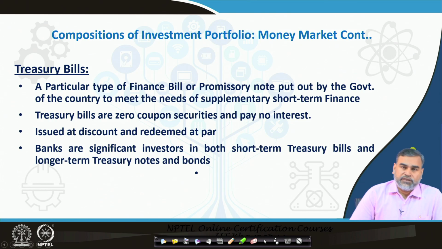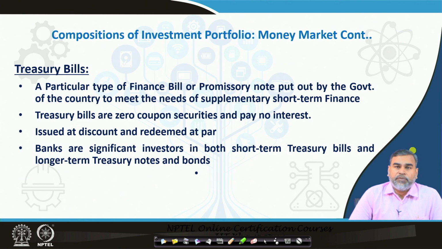Then we have treasury bills, which are much more popular across the globe. A treasury bill is basically a type of finance bill put out by the government of the country to meet the needs of supplementary short term finance.